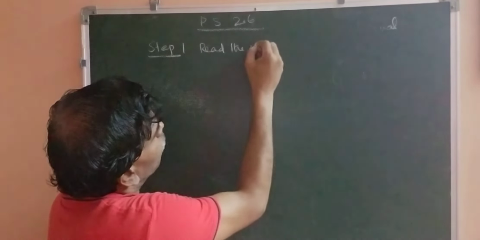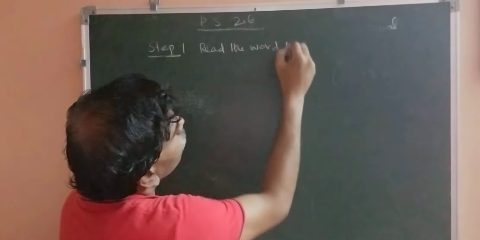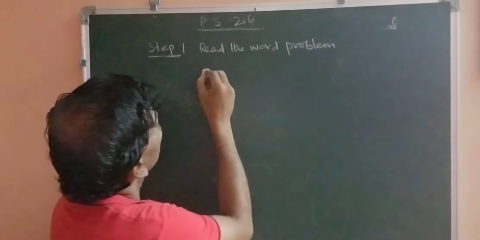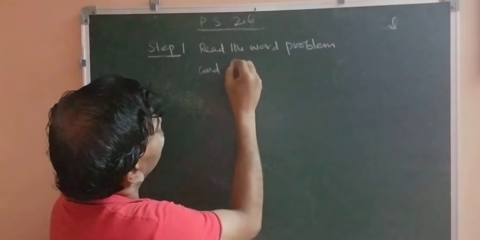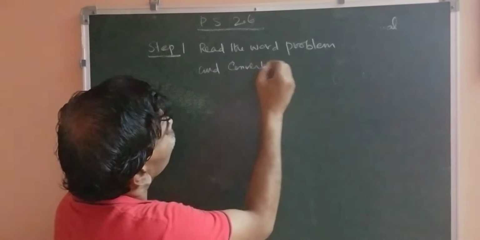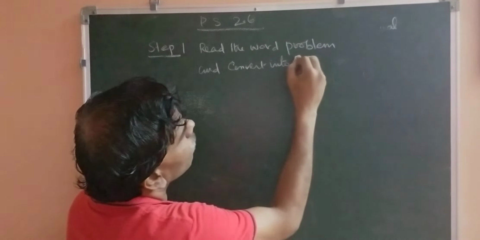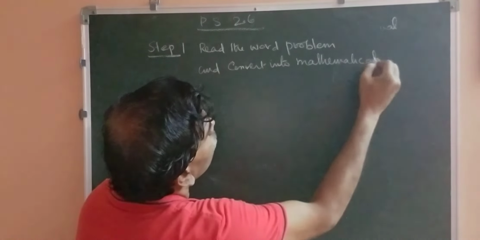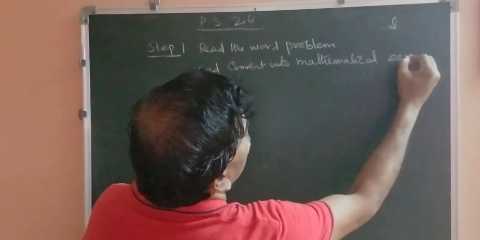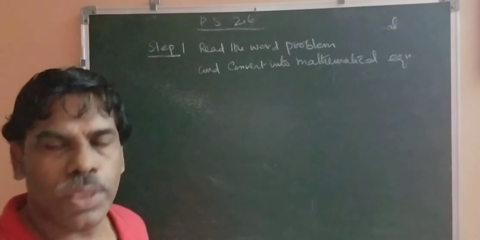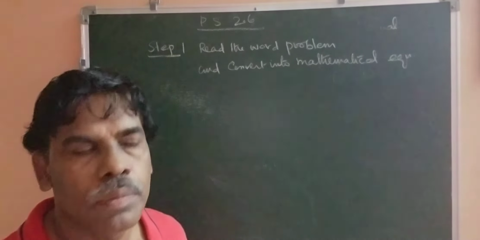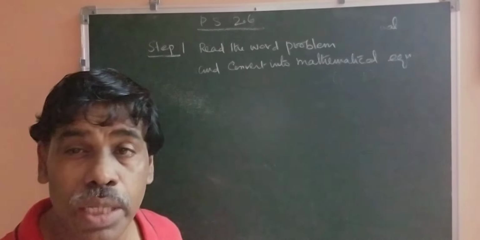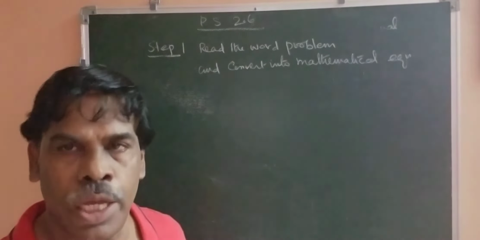Read the word problem and convert into mathematical equation. Okay. So, first what you have to do? You read the word problem, understand and convert the same into mathematical equation.